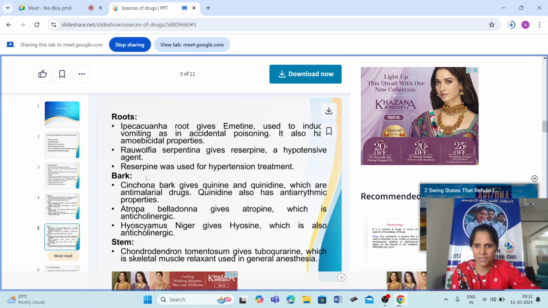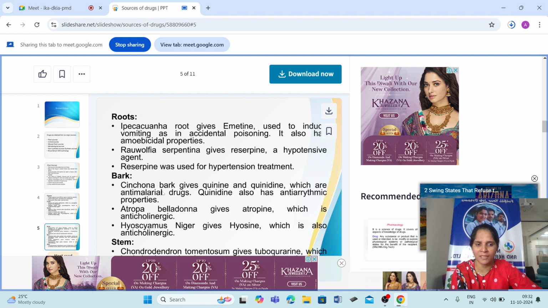And next, reserpine was used for hypertension treatment. If a person is suffering with hypertension, we can go with the usage of reserpine. From where are we getting the reserpine? Rauwolfia serpentina only.